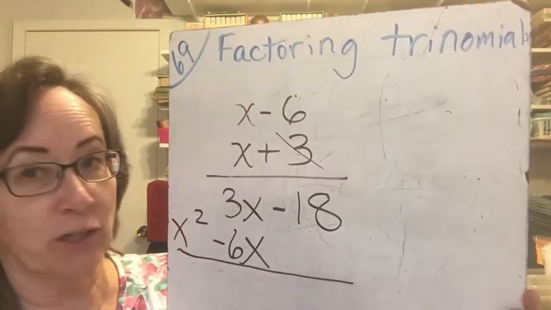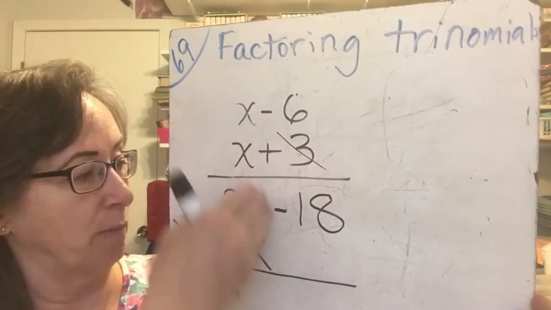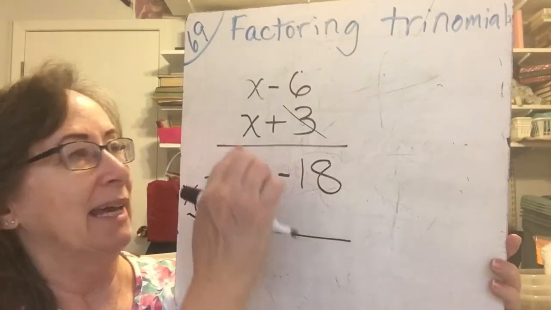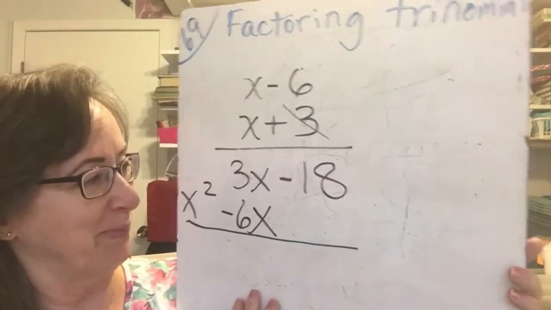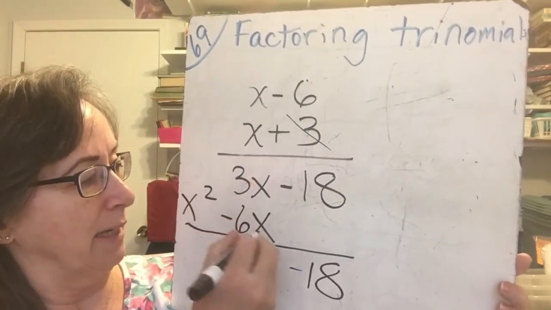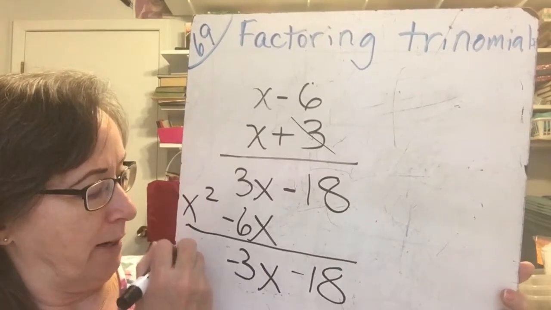Notice if I do it vertically like this, it's very nice and handy because my constants, my x's, and my x squareds always line up together if I have this in the right form. So then we get negative 18, 3 minus 6 is a negative 3x, and x squared.